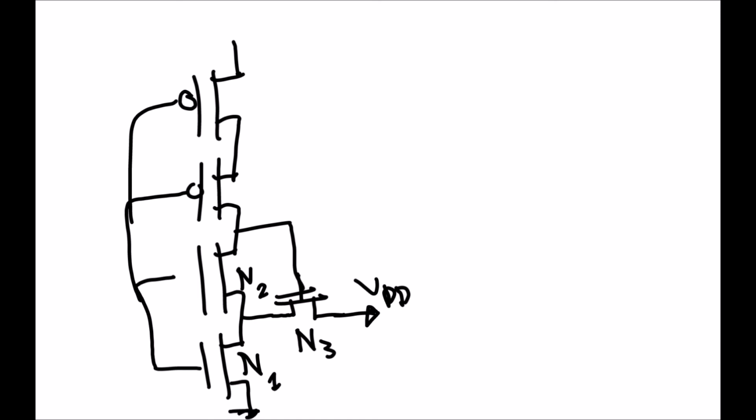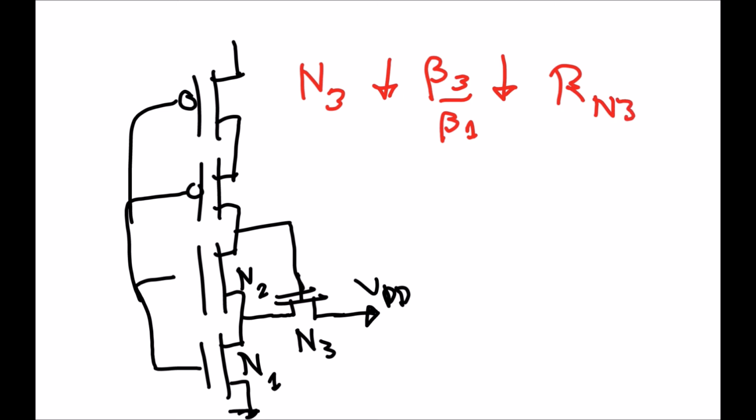As N3 size goes smaller, which means beta 3 over beta 1 is small, this means that the resistance of N3 is high. This means that when N1 conducts, a very small current, even passing through N3, is sufficient to decrease the voltage of Vx.